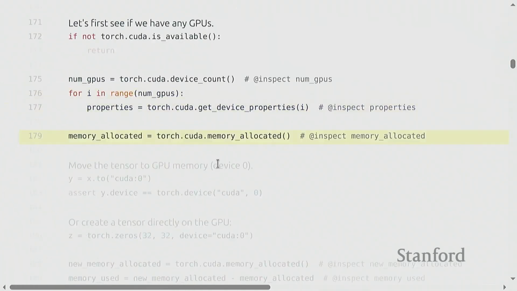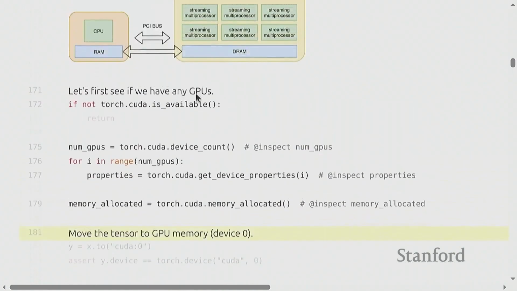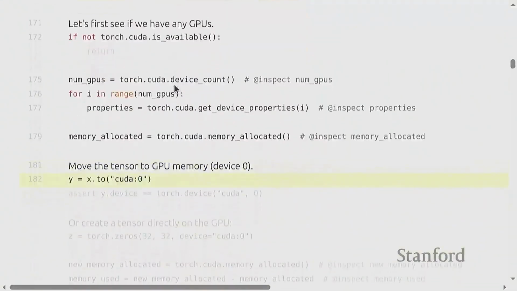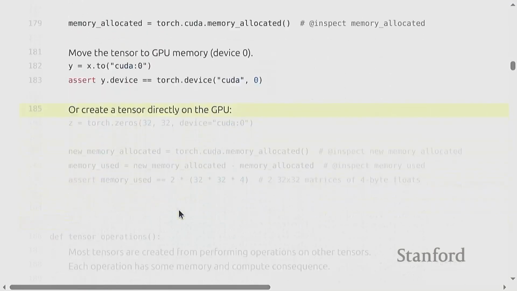Remember that x is on the CPU. You can move it just by specifying .to, which is a general PyTorch function. You can also create a tensor directly on a GPU, so you don't have to move it at all.